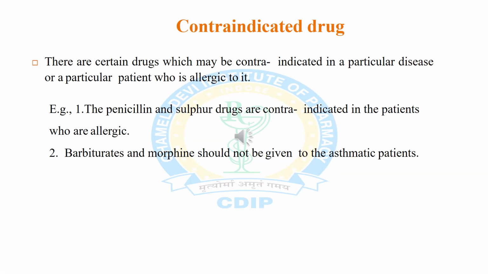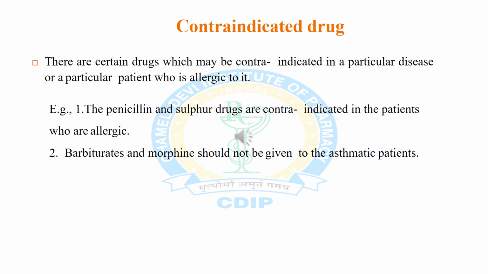And the third reason behind the therapeutic incompatibilities is contraindicated drug. There are certain drugs which may be contraindicated in a particular disease or in a particular patient who is allergic to them. An example of a contraindicated drug with allergy: some patients are allergic to penicillin and sulfur drugs, so these are contraindicated in those allergic patients.